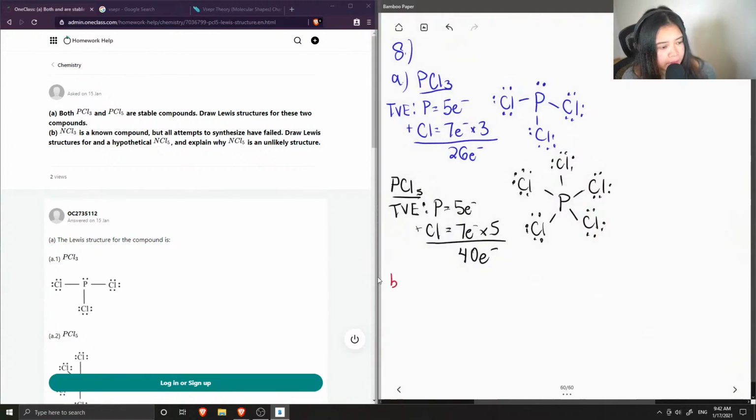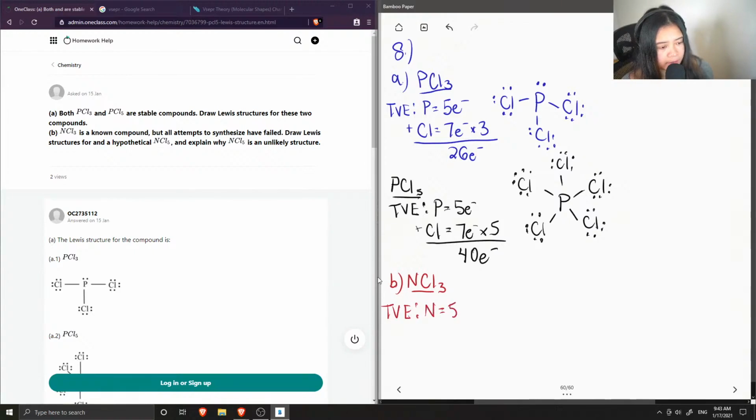So now for part B, we need to draw Lewis structures for NCl3 and a hypothetical NCl5. So first let's show the Lewis structure of nitrogen trichloride, and let's calculate its total valence electrons.